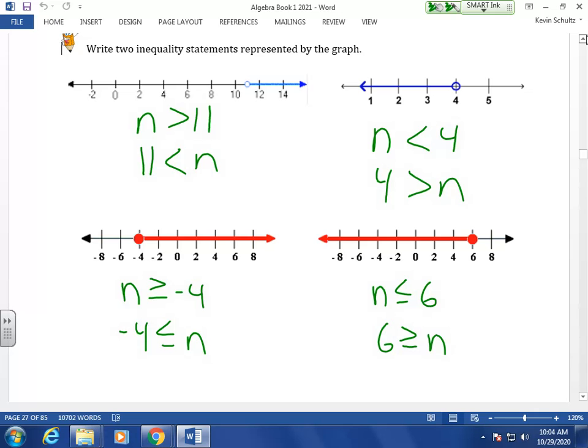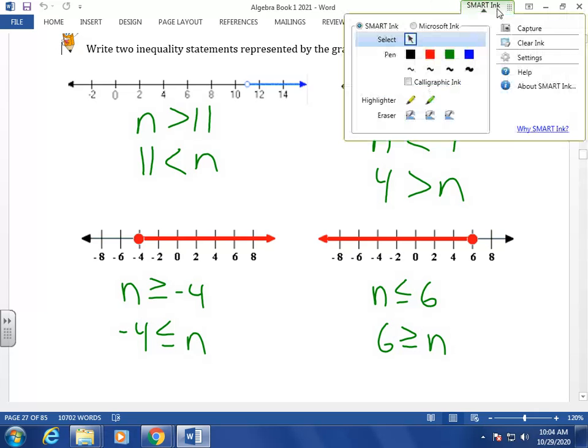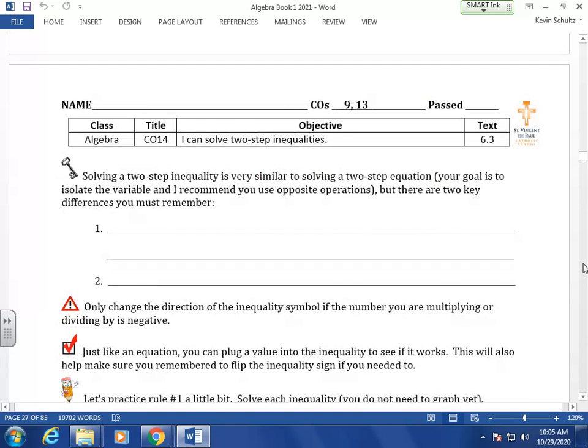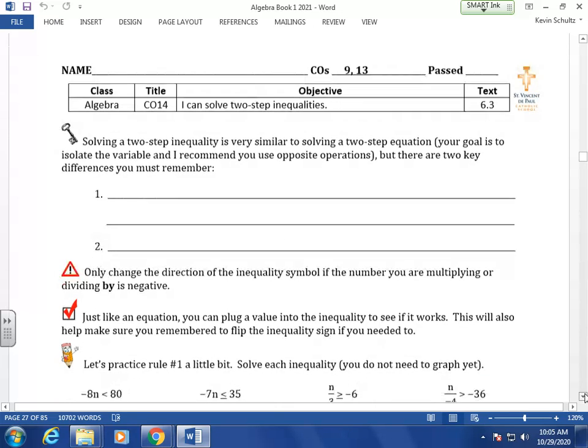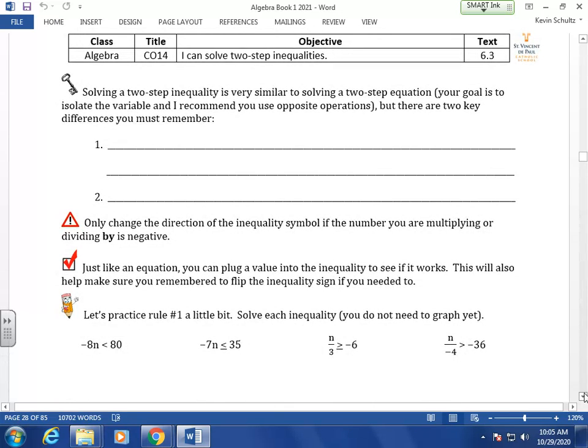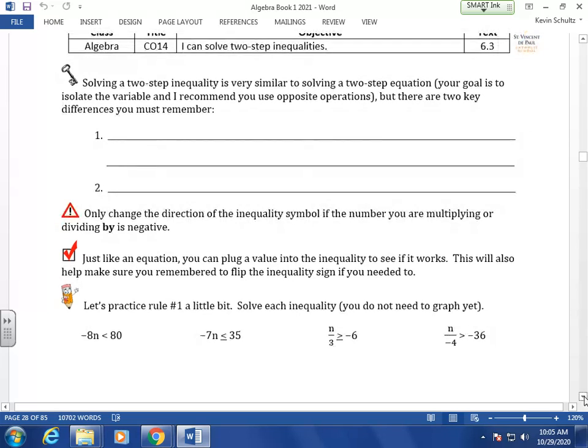All right. Onward we go then to CO14. CO14, solving two-step inequalities. Okay. And if we replace the word inequalities with equations, you already know how to do this, right? You know, how do you solve a two-step equation?